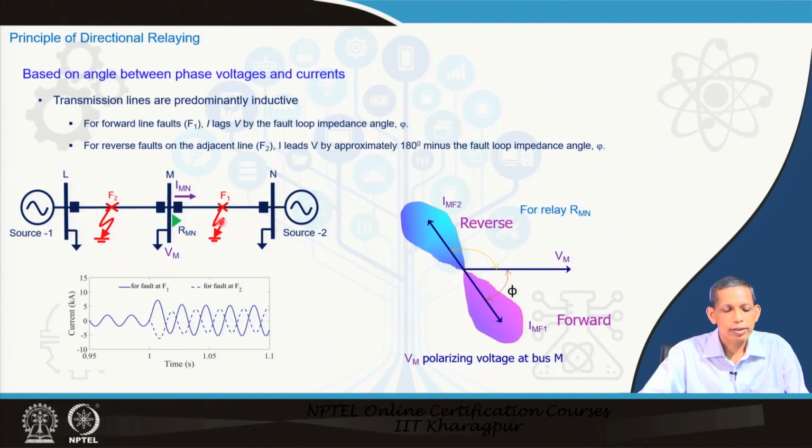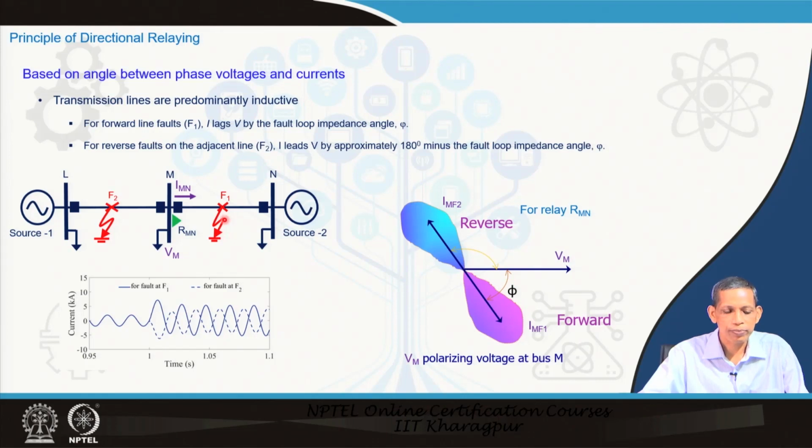This implies that the relay here can discriminate the F1 fault and the F2 fault using the phase current, the phase voltage and the associated angle. In case of F1, the forward fault, we call it a forward looking relay for the protection of this line.